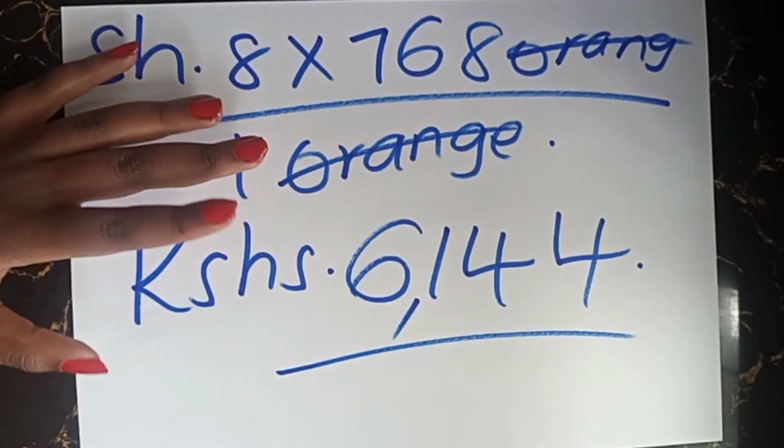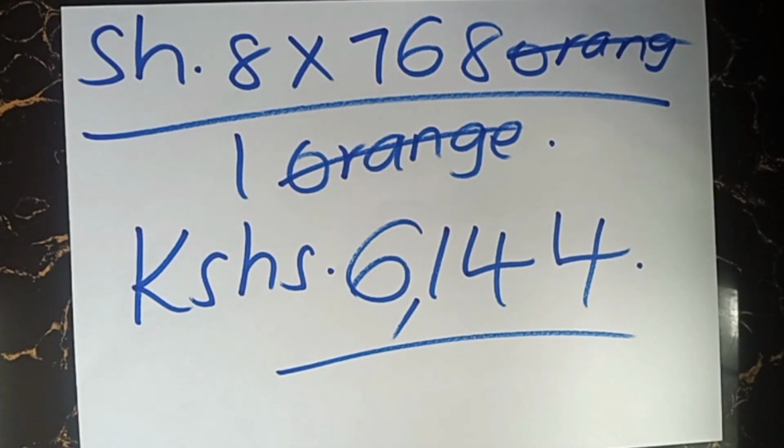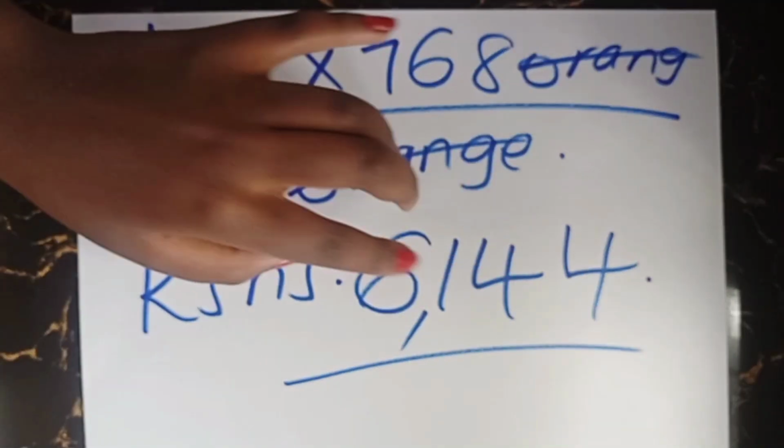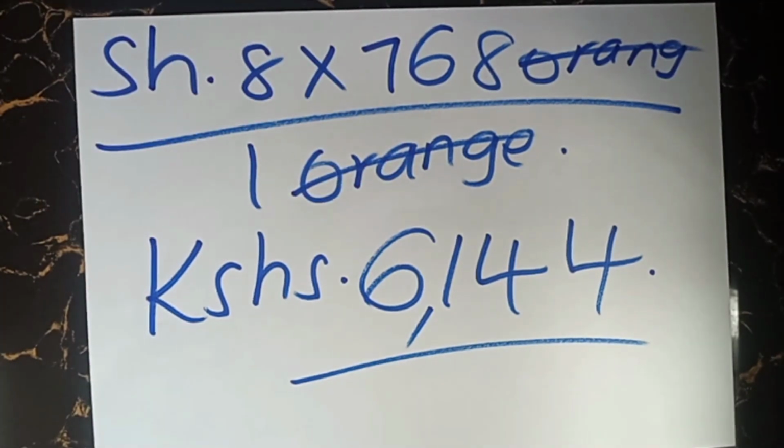So on Saturday, we can comfortably say that the fruit vendor got 6,144 Kenya shillings from the sale of oranges, okay? And that's basically it. So you see how writing out everything you understand makes it easy to answer the question?